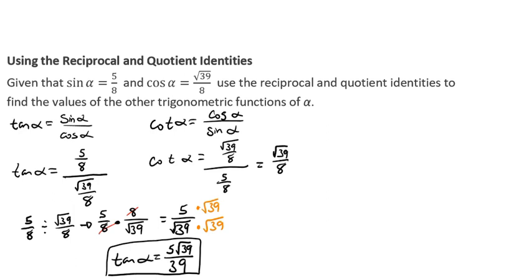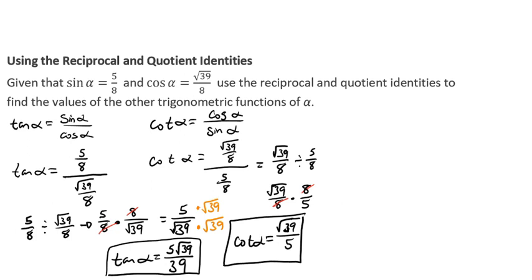The square root of 39 over 8 divided by 5 over 8 gives us the square root of 39 over 8 times 8 over 5. Again, our 8s are going to cancel out, and this is going to give us the square root of 39 over 5. We don't need to worry about rationalizing this because it's already been rationalized. So this is going to be our cotangent of alpha.